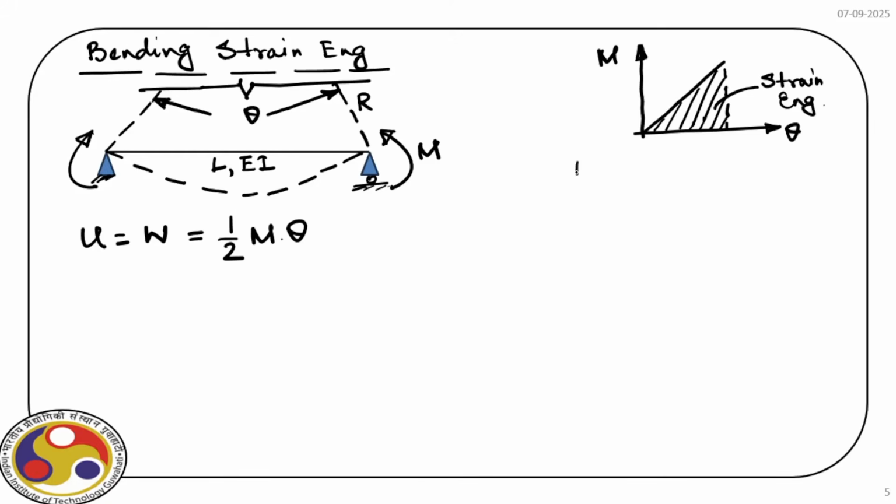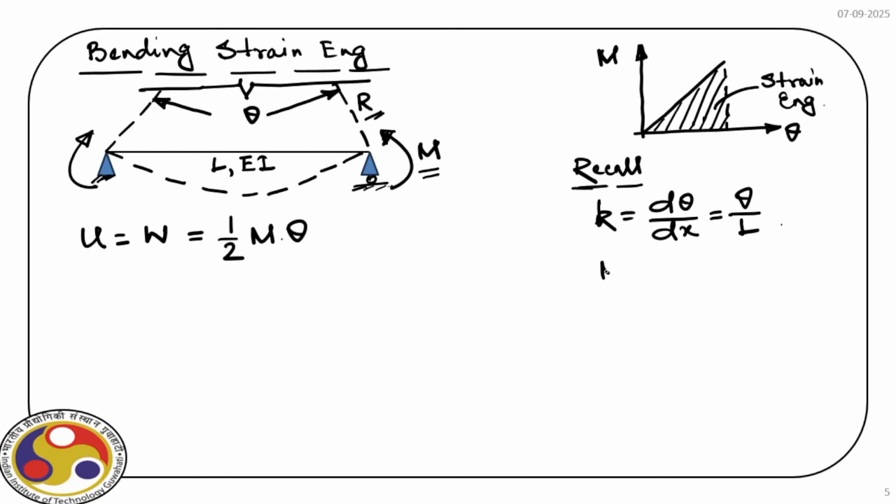Now recall, during our discussion on bending of beams, we defined kappa, which is d theta dx, and for this beam we have constant moment applied over the entire length. For this beam we have then theta divided by L, right? So we define radius of curvature, and from there we can also get curvature, right?